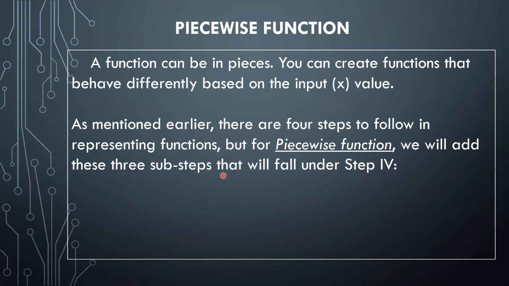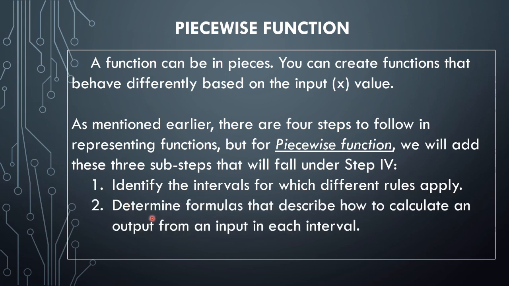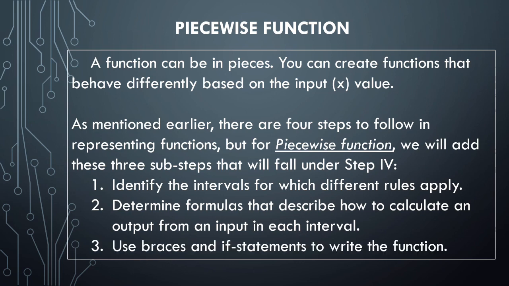So what are these 3 sub-steps? Number 1, identify the intervals for which different rules apply. Second, determine formulas that describe how to calculate an output from an input in each interval. And the last one, use braces and if statements to write the functions.